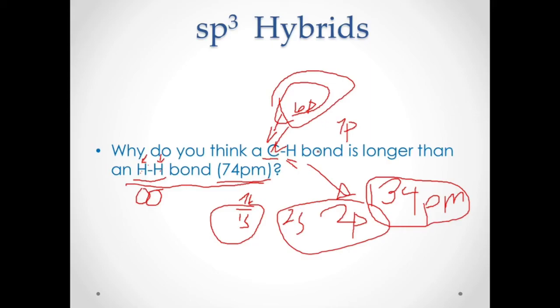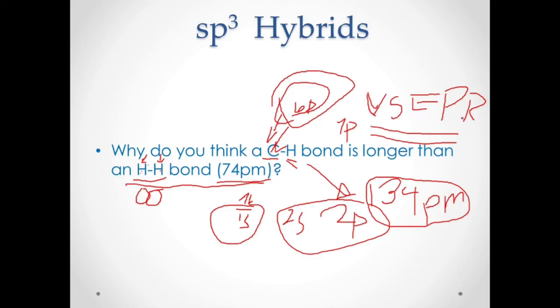That's why your structure for methane is tetrahedral because of what we call VSEPR, or the valence shell electron pair repulsion. So it is governed by this theory.